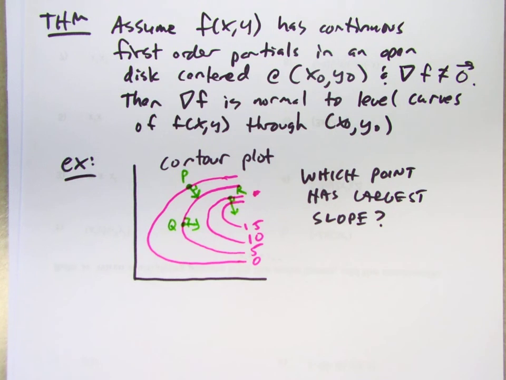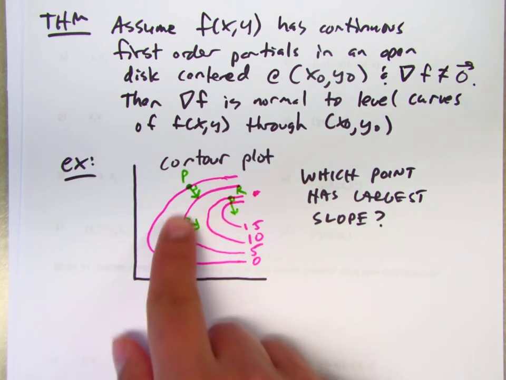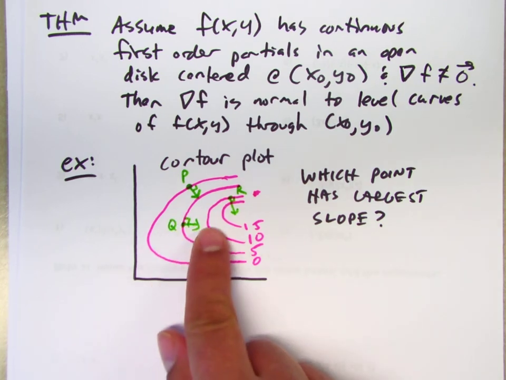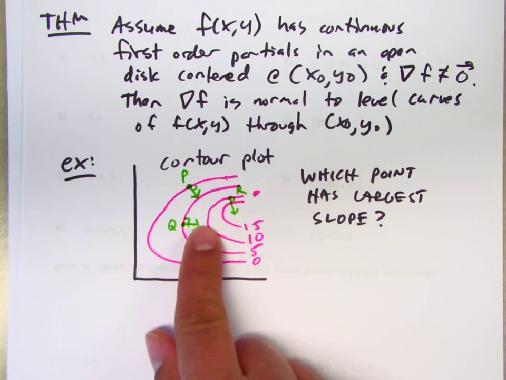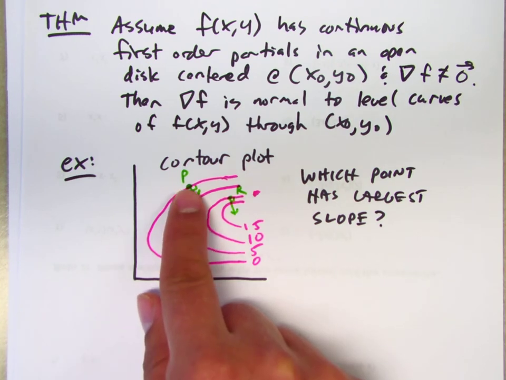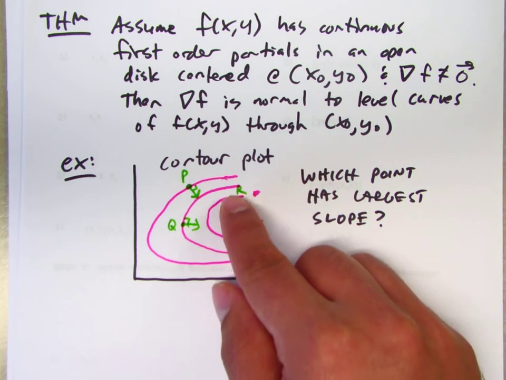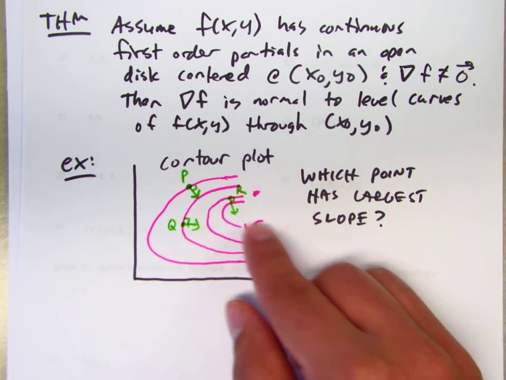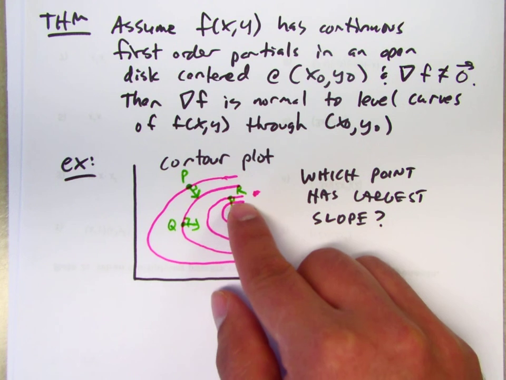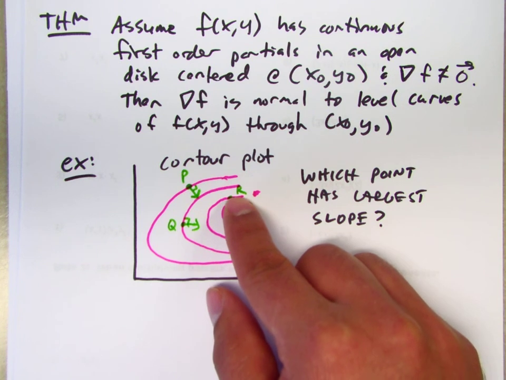So all you have to do is pay attention to the level curves, right? If you're standing at Q and you're going this way, you're going to travel more distance to increase a height of 5. Here, it looks like it's a little less, right? Because all of these level curves are 5 units up on the Z scale. But if you look at R, to get 5 units higher from where you currently are, so if right now at R you're at a level of 10 units, to get to 15, you don't have to travel very far, okay?